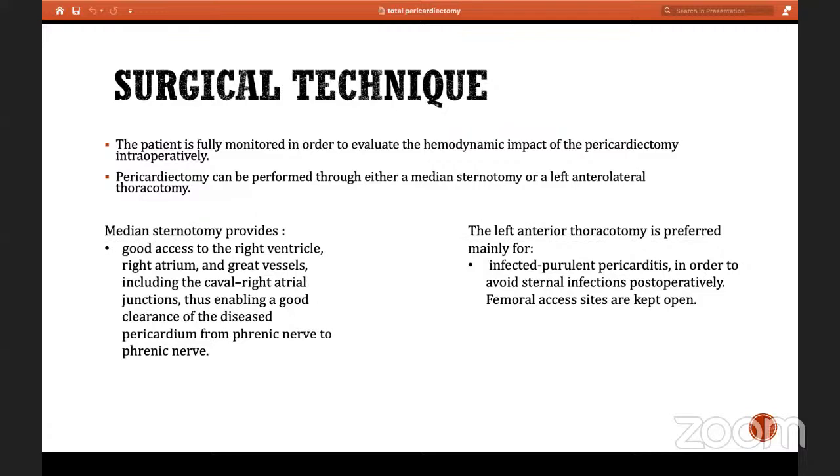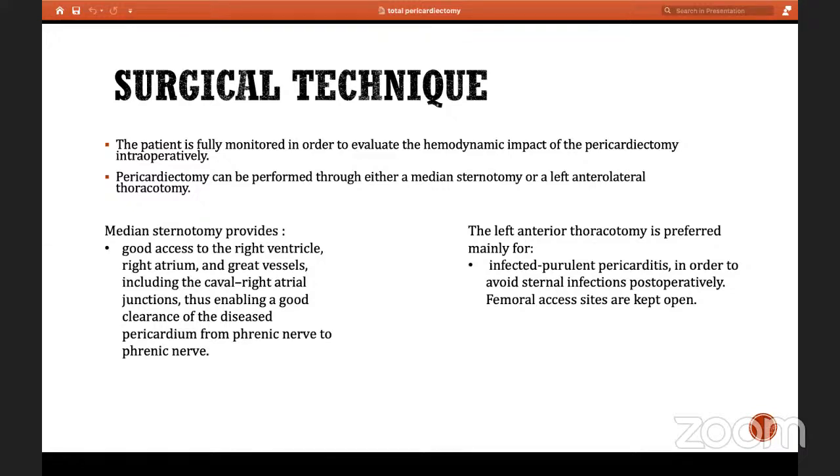Moving to the surgical techniques, the patient is fully monitored in order to evaluate the hemodynamics. Pericardiectomy can be performed through either median sternotomy or a left anterolateral thoracotomy. The advantage of the median sternotomy is that it provides good access to the right ventricle, right atrium, and also the great vessels, enabling good clearance of the diseased pericardium from one phrenic nerve to the other.